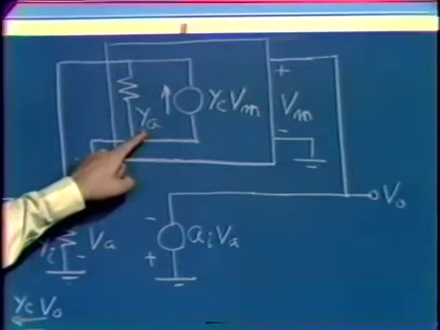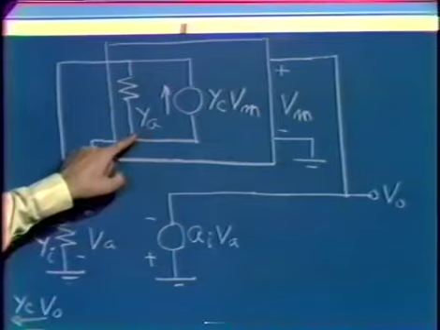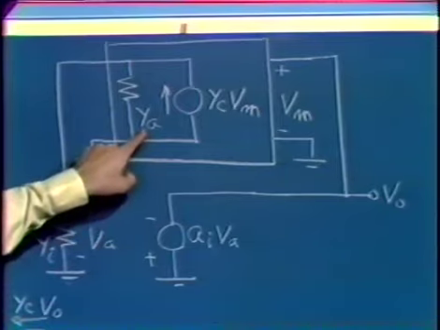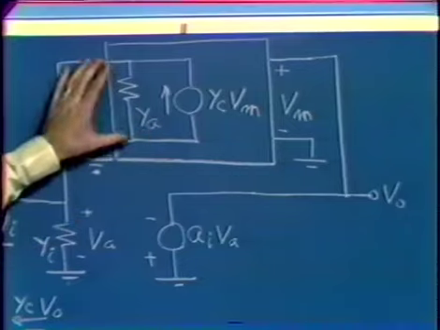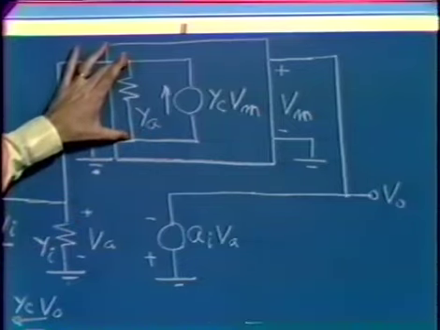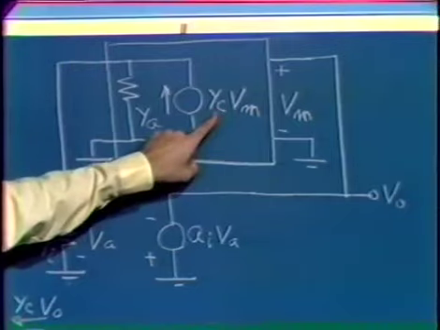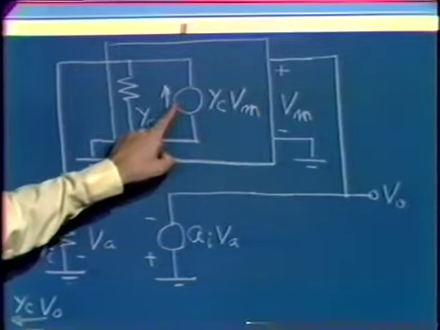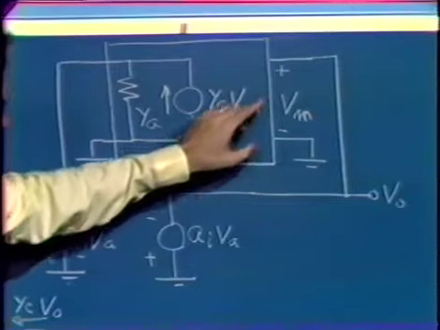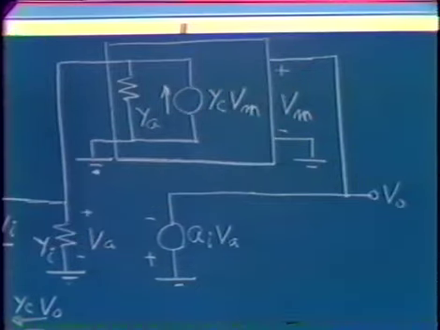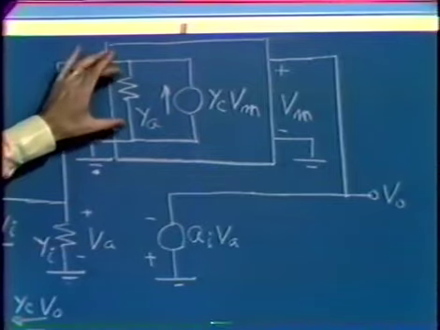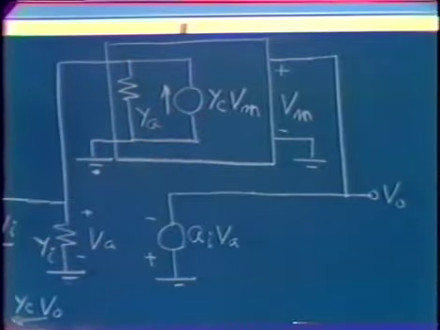However, we do have to worry about modeling the two-port at its output side, and we'll do that in an admittance form where we show the two-port as a Y sub A, an output admittance at this port, and a short-circuit transfer admittance, a dependent current source, which is dependent on the voltage applied to this side of the two-port. So we can model our two-port at this side as this admittance and this dependent current source.